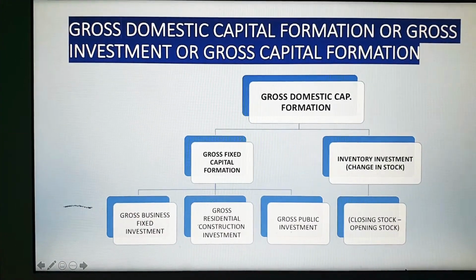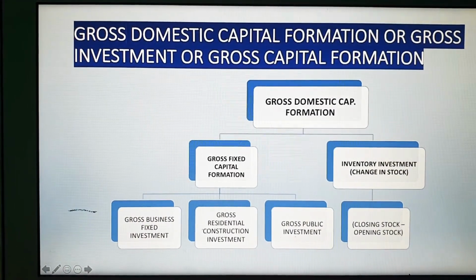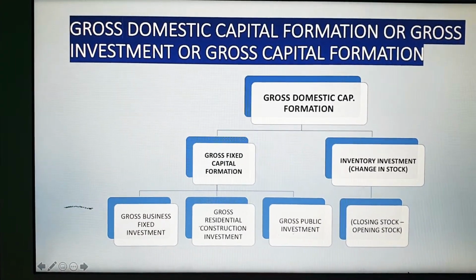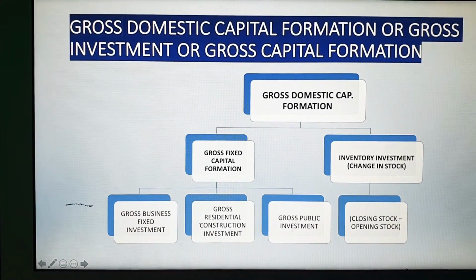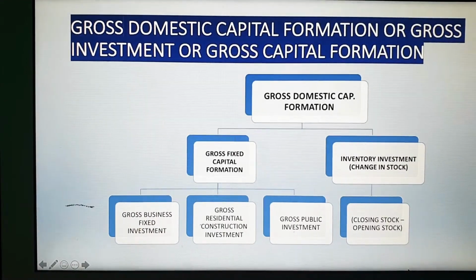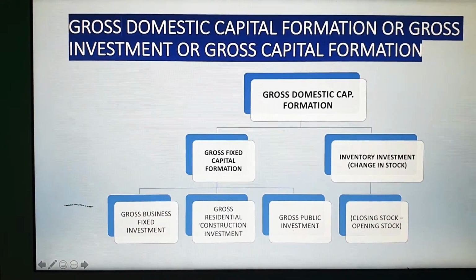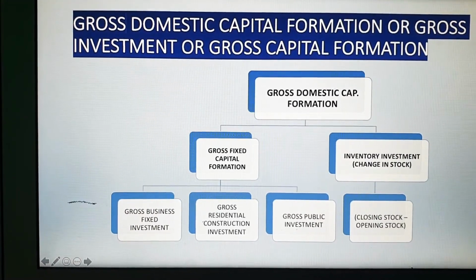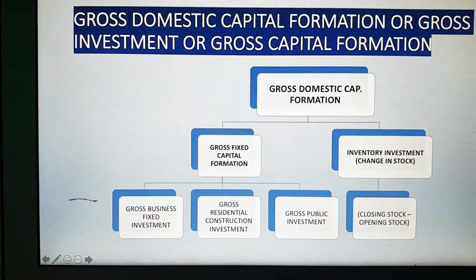To repeat, if we have to calculate gross domestic capital formation, then we need gross fixed capital formation, which is to be added to inventory investment. When we add these two, fixed plus inventory, we get gross domestic capital formation.